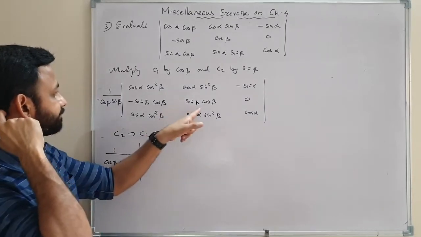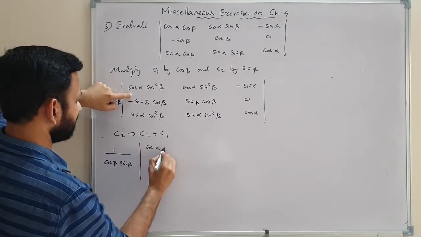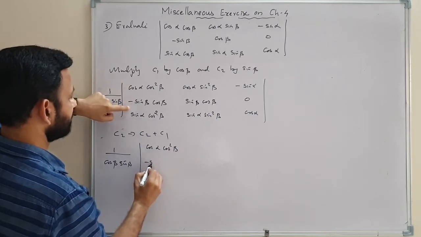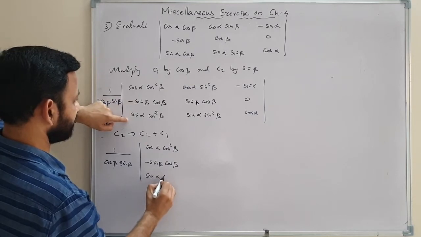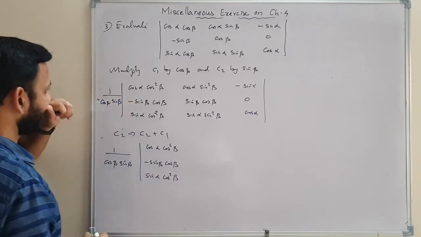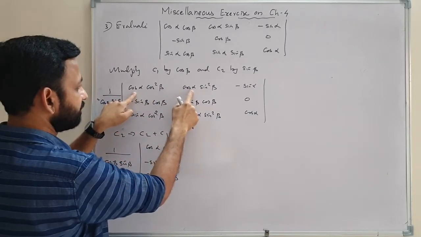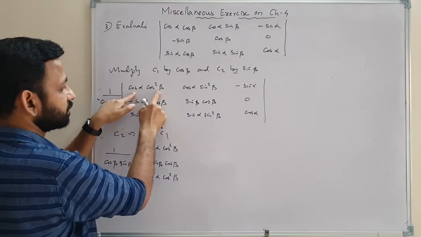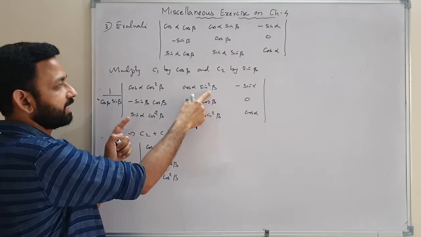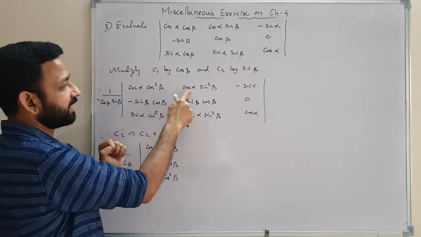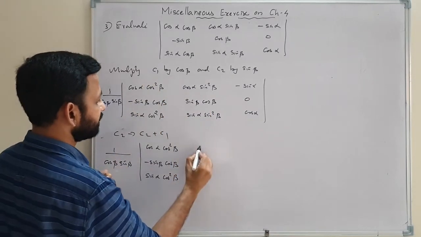C1 will be the same: cos alpha cos square beta, minus sin beta cos beta, sin alpha cos square beta. Now we find the sums: cos alpha sin square beta plus cos alpha cos square beta. Taking cos alpha outside, sin square beta plus cos square beta is 1, so it will be cos alpha.